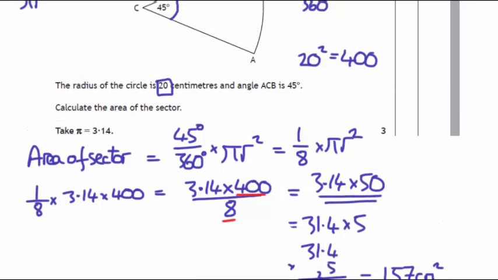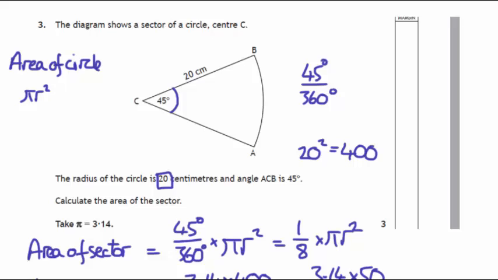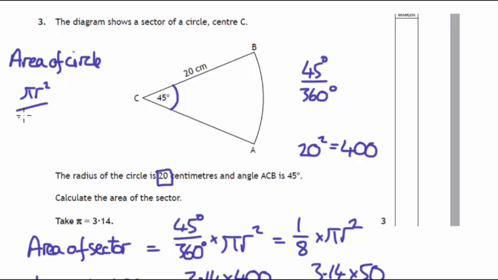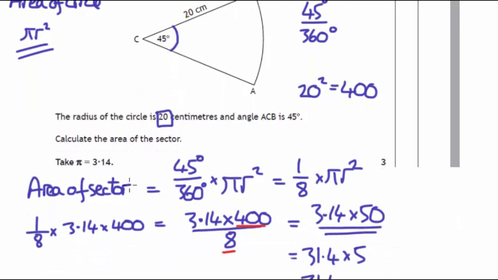So what we've done is we've used the area of the circle. We've then remembered that a sector is just a slice of that circle, so you find out the angle of the slice and divide it by 360. So the area of the sector is 45 divided by 360 times pi r squared.